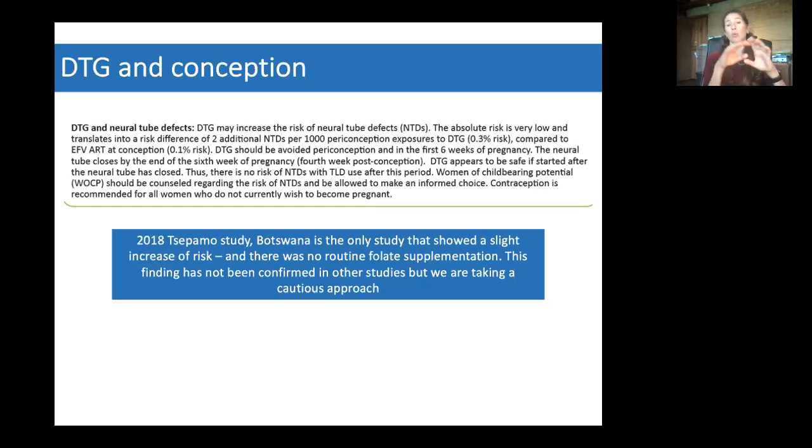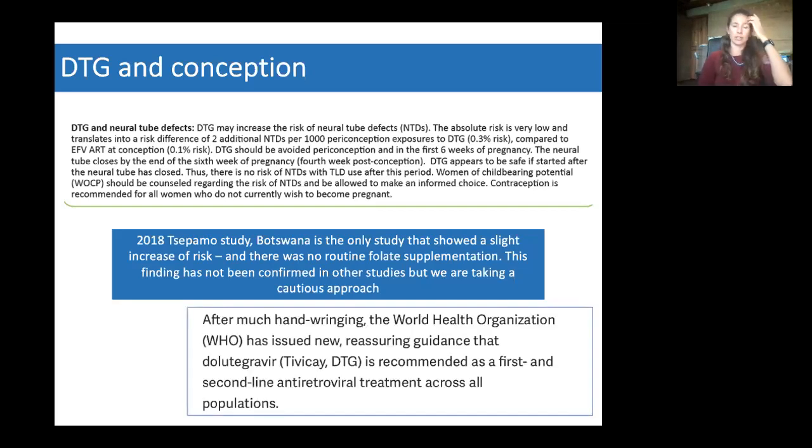If you look in terms of the worldwide numbers that we have, they did a large meta-analysis and looked at women conceiving on dolutegravir right across the world, and this finding wasn't found in any of the other studies, probably because most of those countries have got folate supplementation. So with all of this in mind, the WHO finally, at the IAS, the last big AIDS conference, brought out, I like the article title, after much hand-wringing, a reassuring guidance that dolutegravir is recommended as a first and second line antiretroviral treatment across all populations.